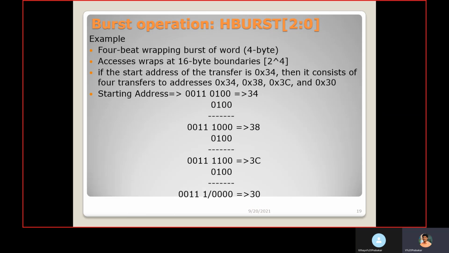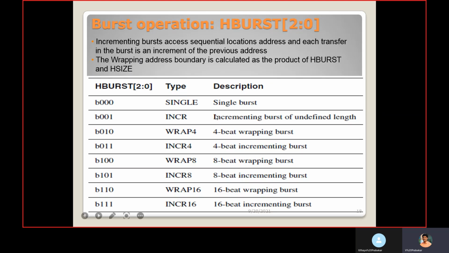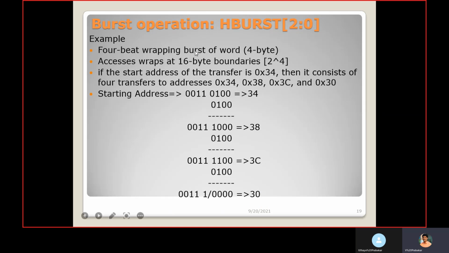One example we are taking here is a 4-beat wrapping burst. So the fetch burst value is this one, and we use a 4-beat wrapping burst of words. Word means 32 bits, or 4 bytes.